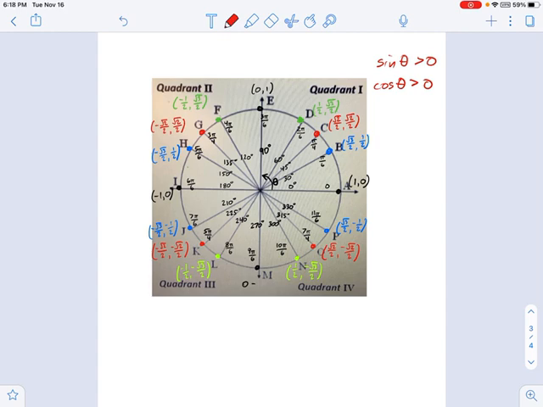Think about this for a moment. If sine is positive and cosine is positive, then how about tangent of theta? Well, that's just equal to sine over cosine, right? Now, if sine of theta and cosine of theta are both positive, that means in quadrant 1, tangent of theta is positive.